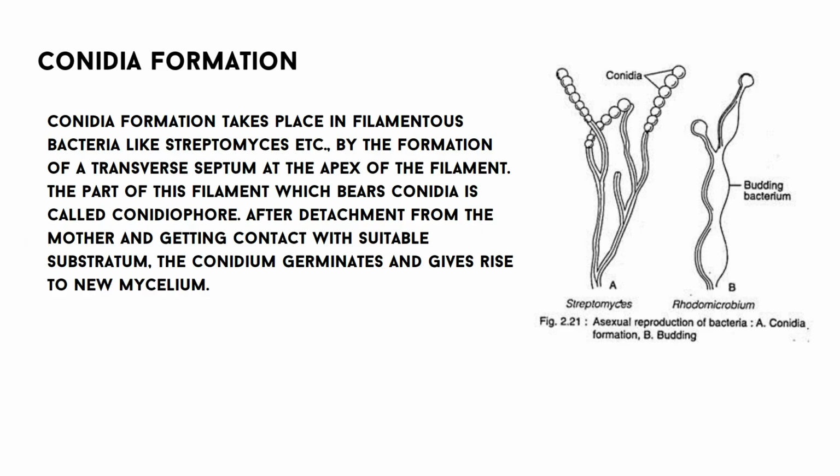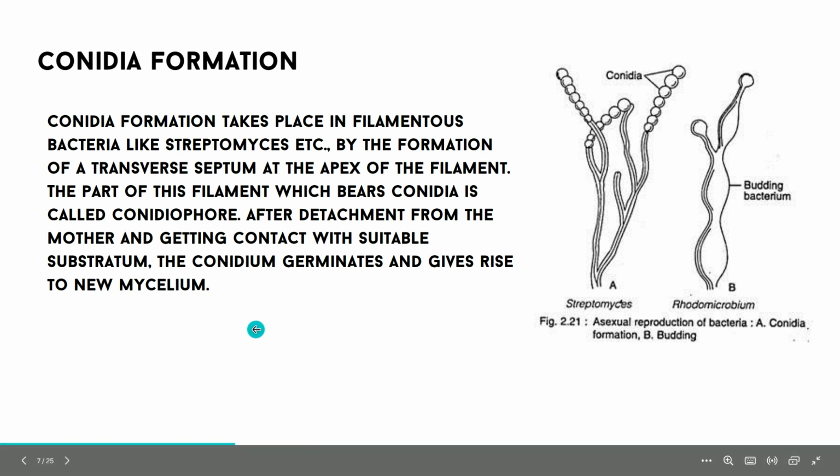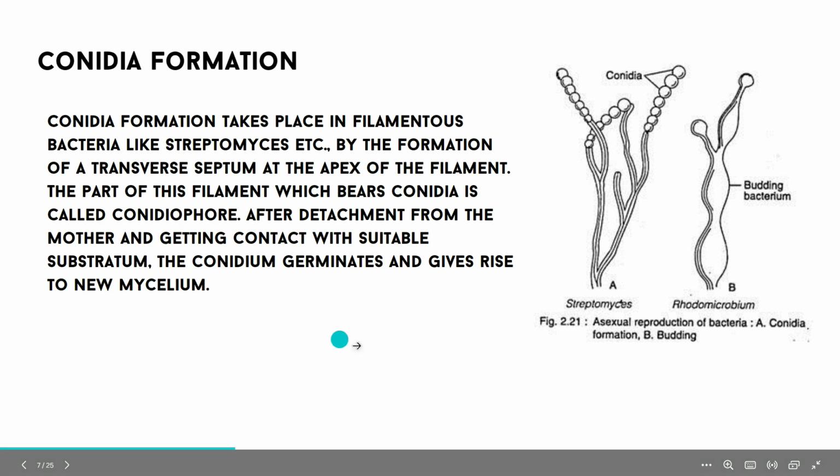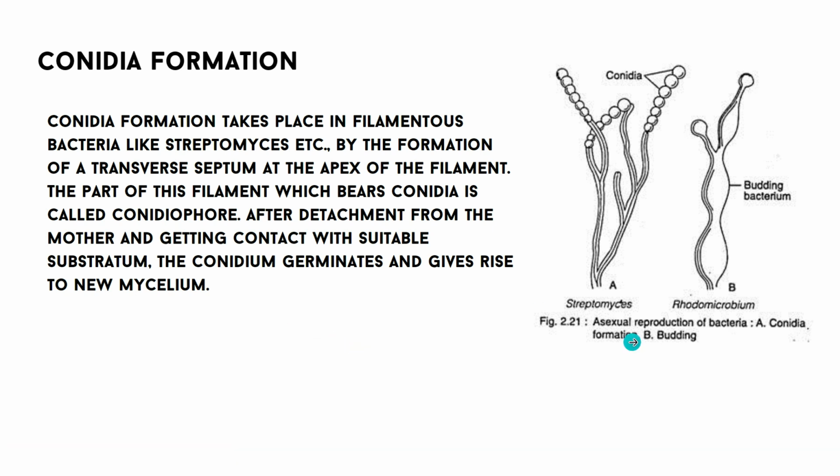Going on to the conidia formation, this is especially seen in the case of actinomycetes. We will take streptomyces as an example, which is a member of actinomycetes, and the actinomycetes are having the characteristics of both bacteria and fungi, which are capable of growing by producing mycelium.